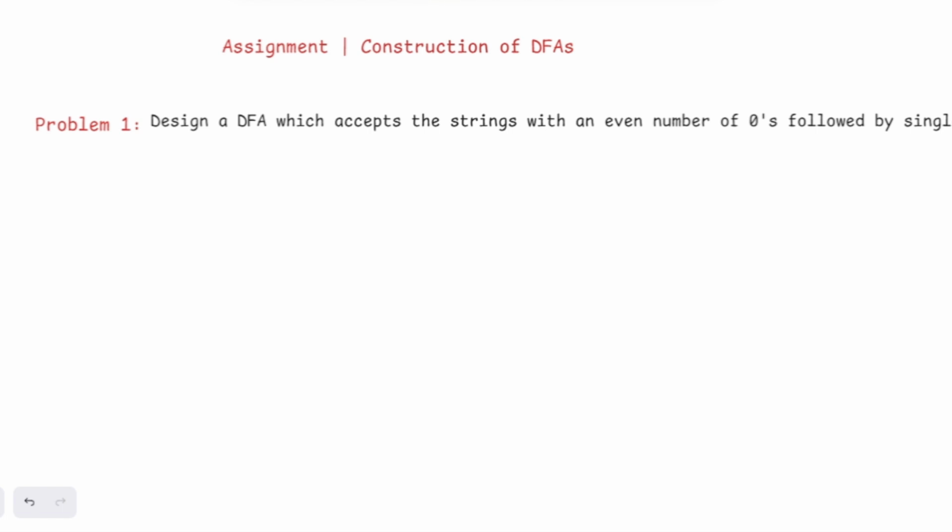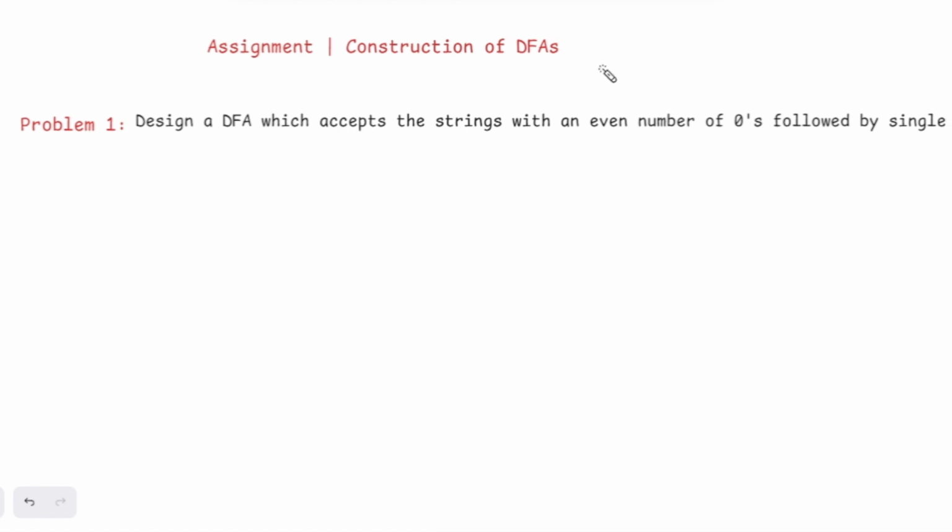So how can you count the number of zeros, whether they are even or not? Is it not possible to construct a DFA? No. Here, we're not going to directly count the number of zeros. We're going to logically check whether it has an even number of zeros or not.